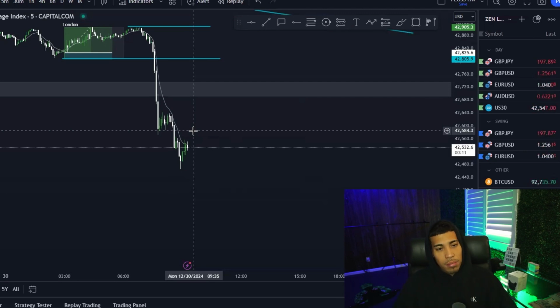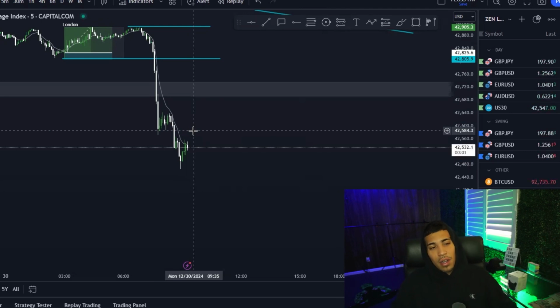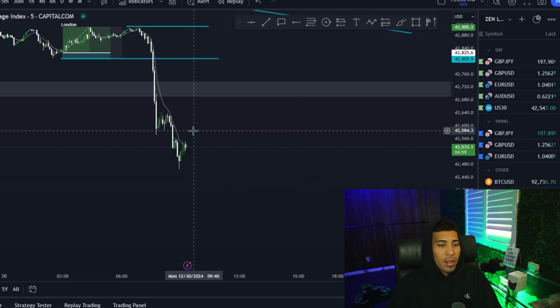It's really just as simple as understanding the mechanics behind riding the wave. It is not your job to decide where price is going to bottom out at, where price is going to top out at. It is your job to follow along with where price is already going, which in this instance is bearish.